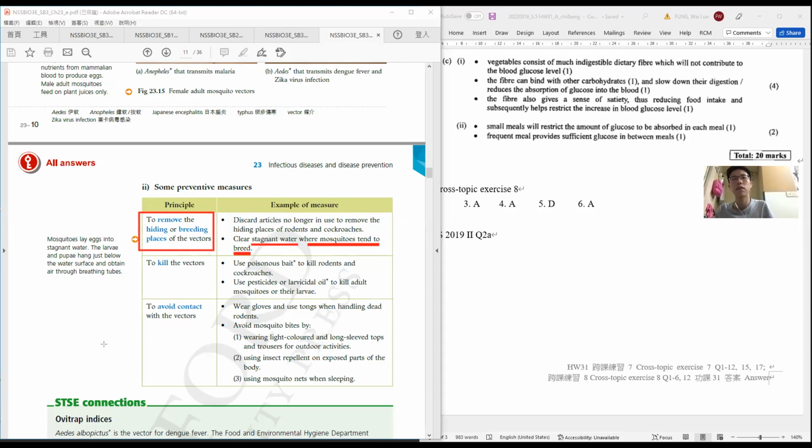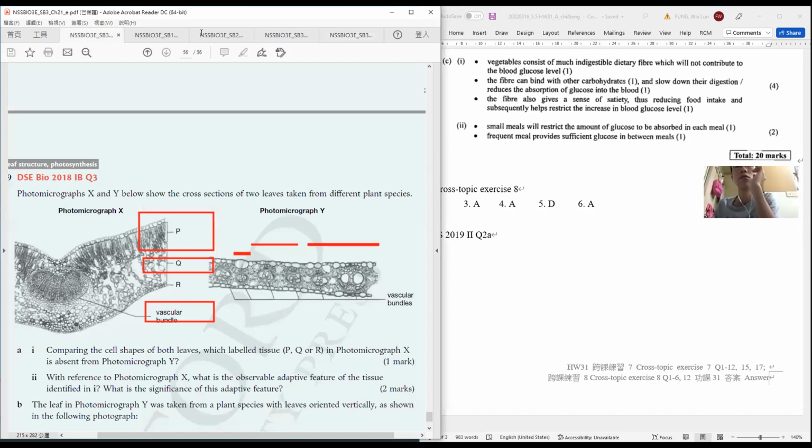Better not to get in contact with the mosquitoes, better not be bitten by them. And you can also kill the vectors. Okay, according to the questions here.